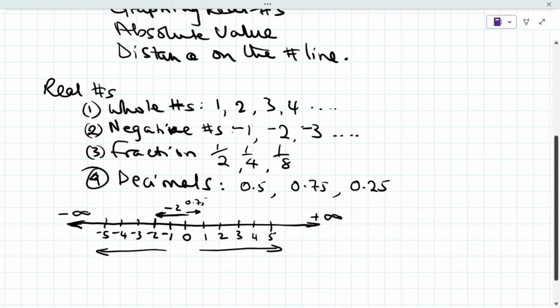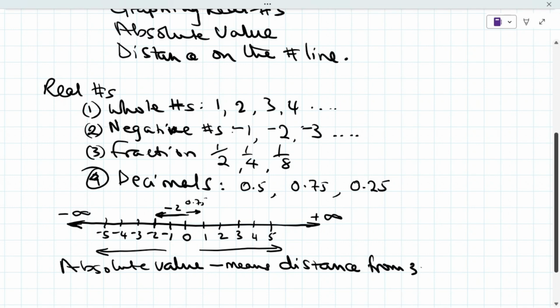So now we'll move on to talk about absolute value. Absolute value means distance from 0, and it is symbolized as such.